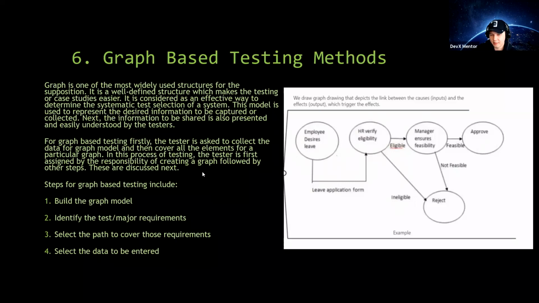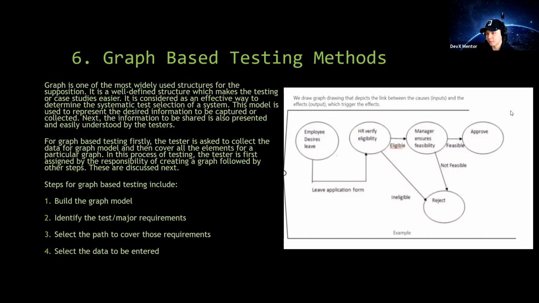For graph-based testing, firstly, the tester is asked to collect the data from the graph model and then cover all the elements of a particular graph. In this process of testing, the tester is first assigned the responsibility of creating a graph, followed by other steps. These are discussed next. So the steps for graph-based testing include building the graph model.